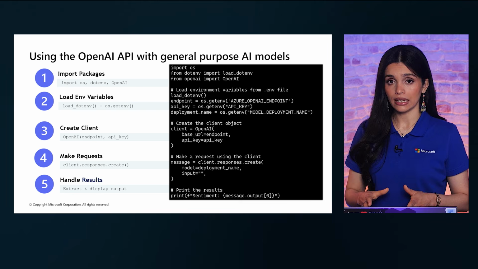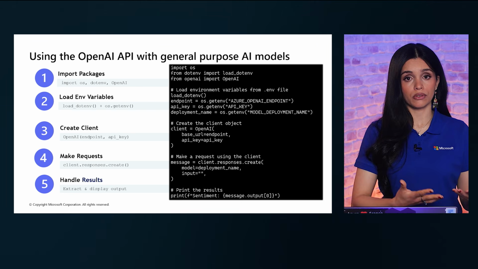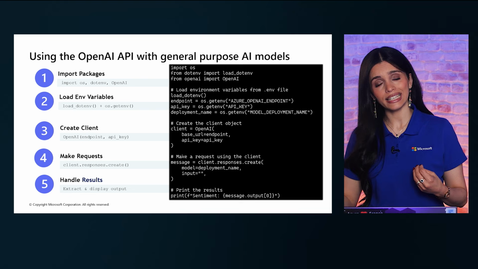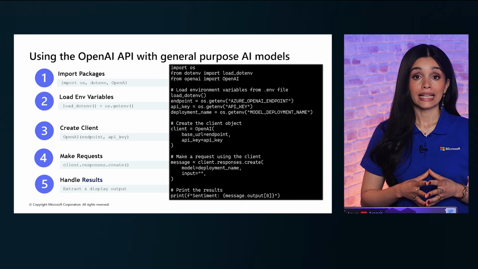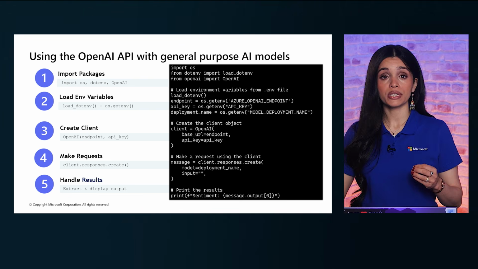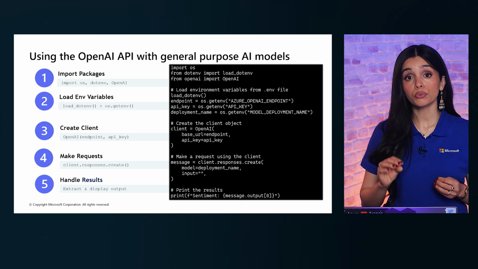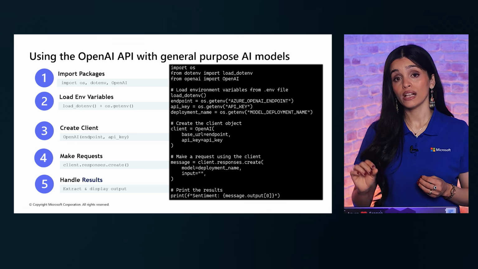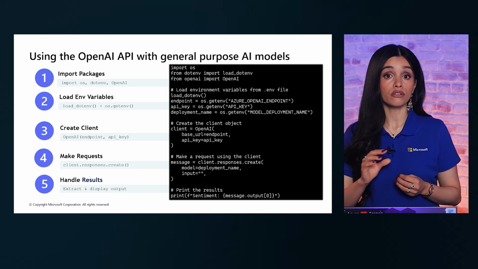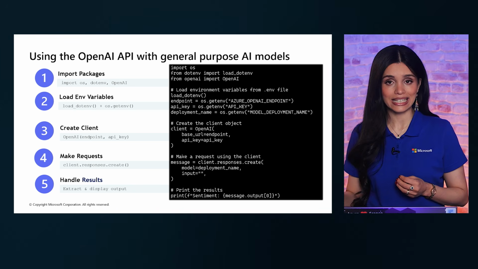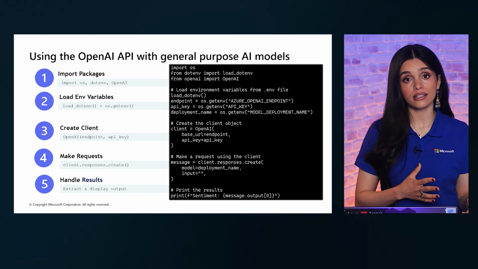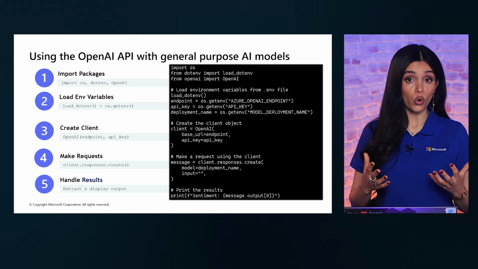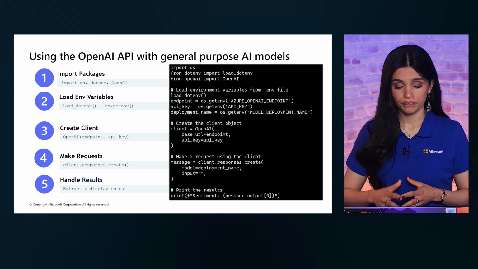One important detail to remember is that responses can vary slightly between calls. That's because general-purpose AI models are probabilistic. This makes them especially well-suited for flexible, conversational-style analysis, such as assistance and exploratory scenarios.